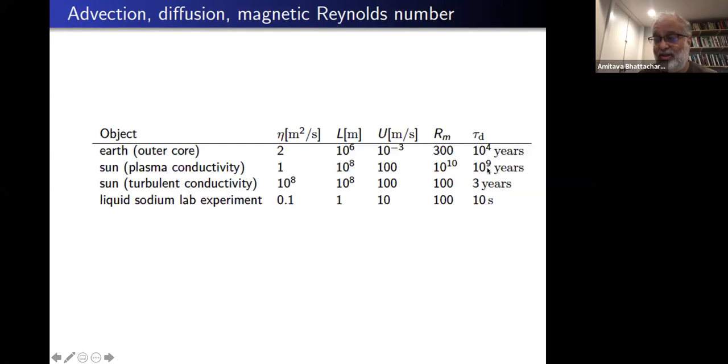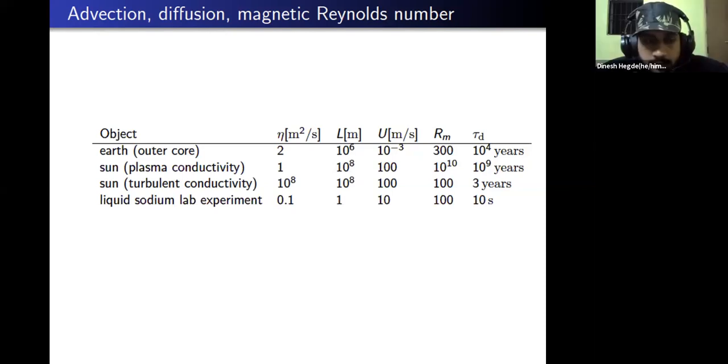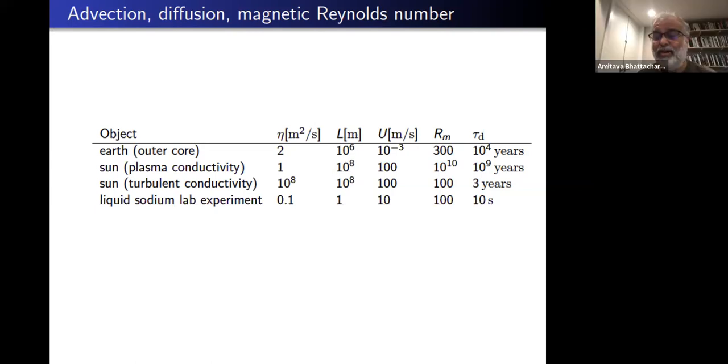So the sun's age is several billions of years, right? For 3.7 or longer. How many billions of years is the sun? 4.5, 4 and change. Right. So you could say then, if you believe in the plasma conductivity, a factor of 4 or 5, is that enough? I would say it is, that you have to think about a dynamo.